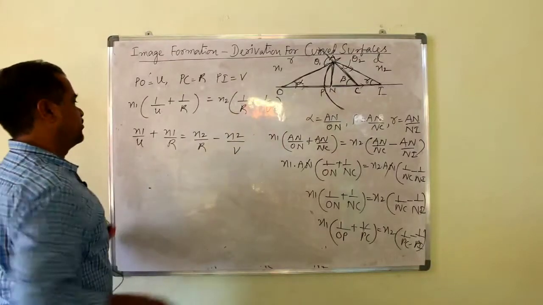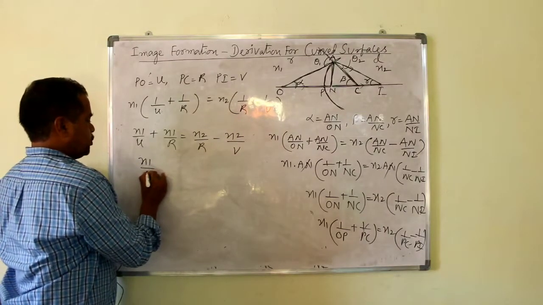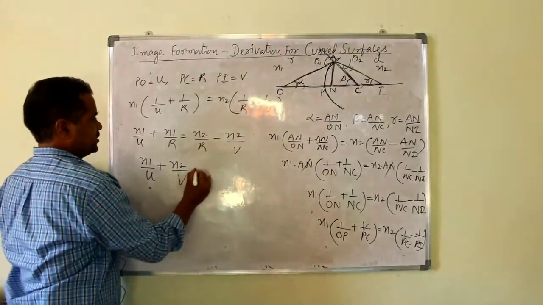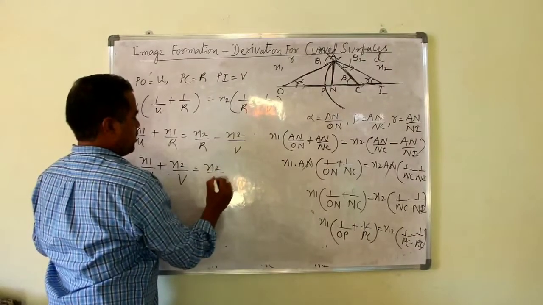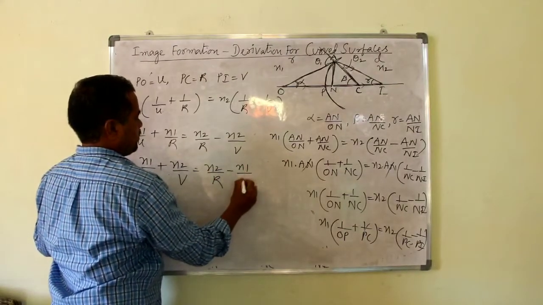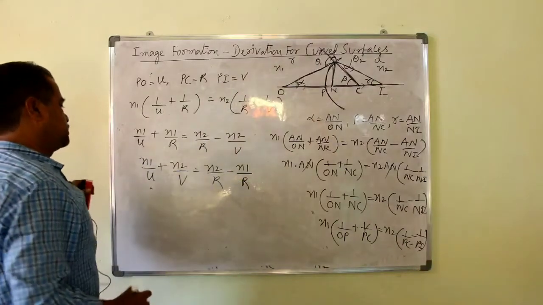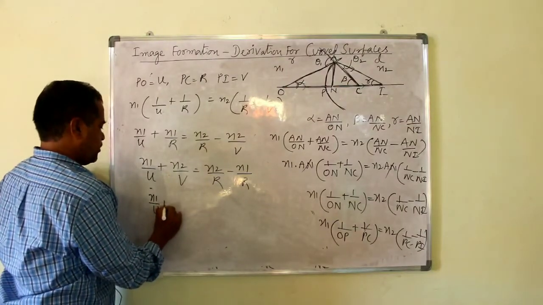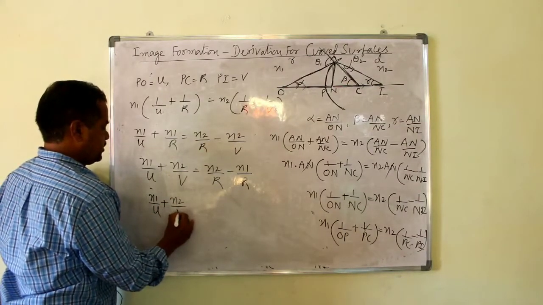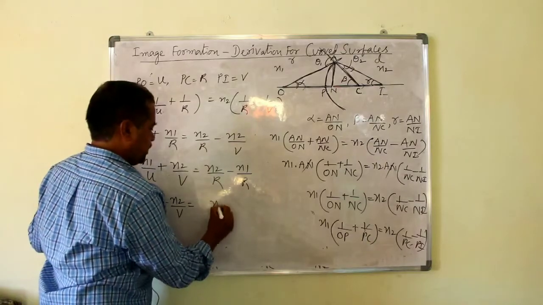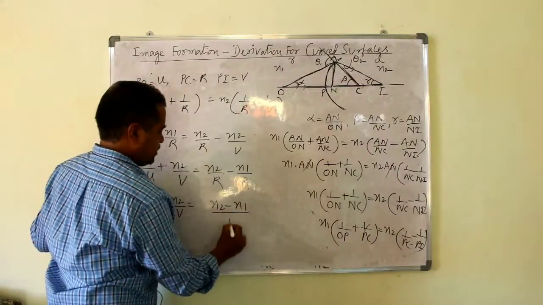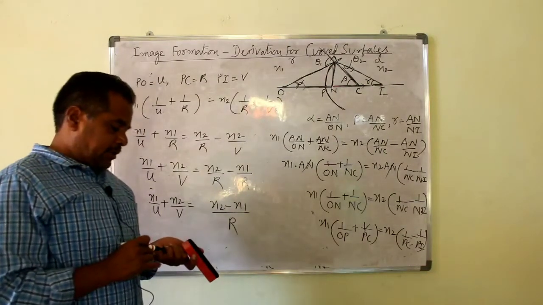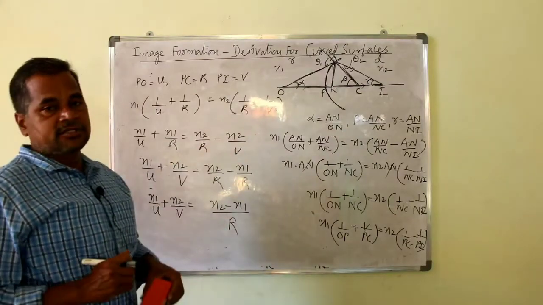By transposition, we get n1 by U plus n2 by V is equal to n2 by R minus n1 by R. So n1 by U plus n2 by V is equal to (n2 minus n1) by R. This equation is suitable for the particular situation we have taken in this context.